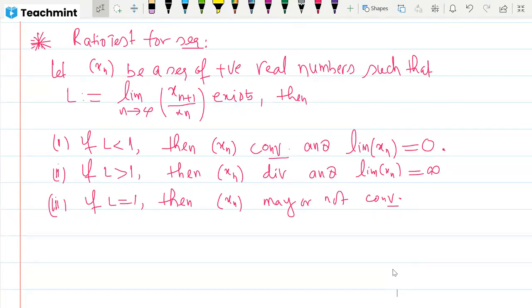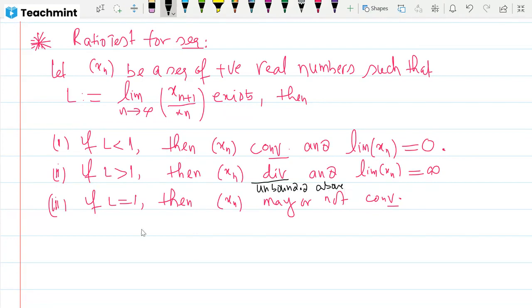If L is more than 1, then the sequence diverges to plus infinity, because we said xn is a sequence of positive real numbers. Or we can add something extra here: not only diverges, we can say the sequence xn is unbounded above. If it is unbounded above, then the limit is infinity.